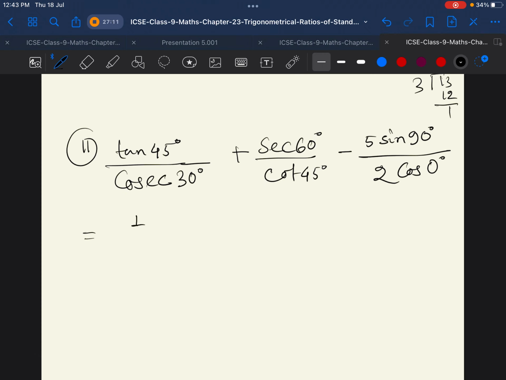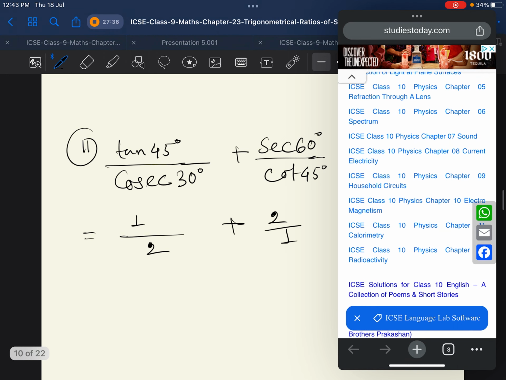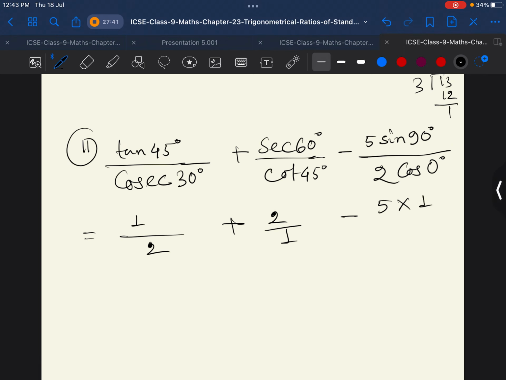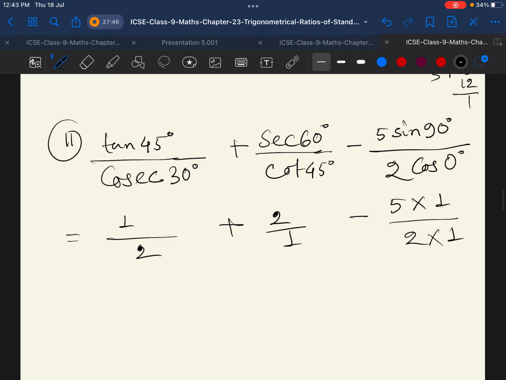So we know tan 45 is 1, cosec 30 is 2, plus sec 60 is 2, cot 45 is 1, minus 5 into sin 90, we know sin 90 is 1, 2 into cos 0 is 1.